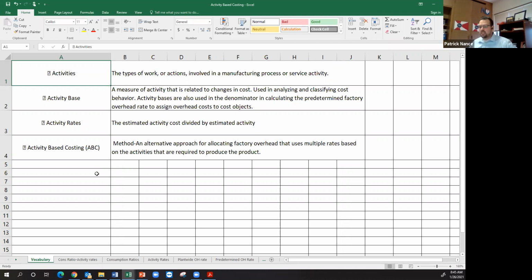So activity-based costing effectively breaks down our process into more detail for more accurate costing analysis.